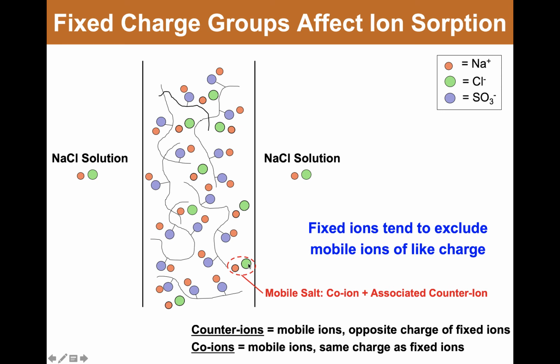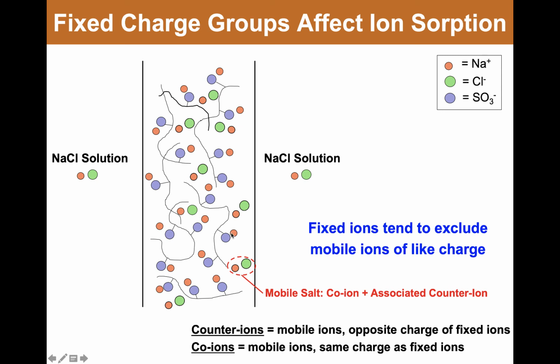And every time a chloride ion migrated from one side of the solution to the other, it would have to take a sodium with it to maintain electroneutrality. We really cannot violate in physical systems electroneutrality by very much. And as a result, we talk about mobile salt being the co-ions, that is, ions that have the same charge as the fixed charge groups, plus any associated counter ions.